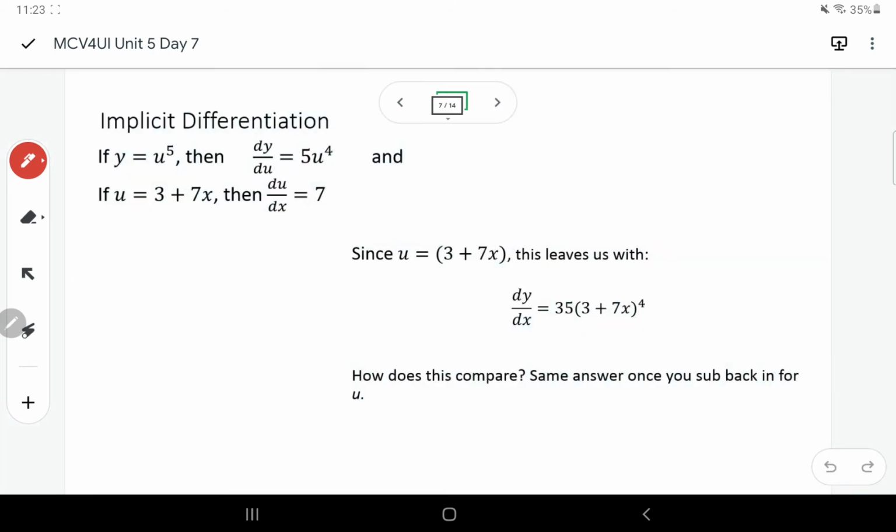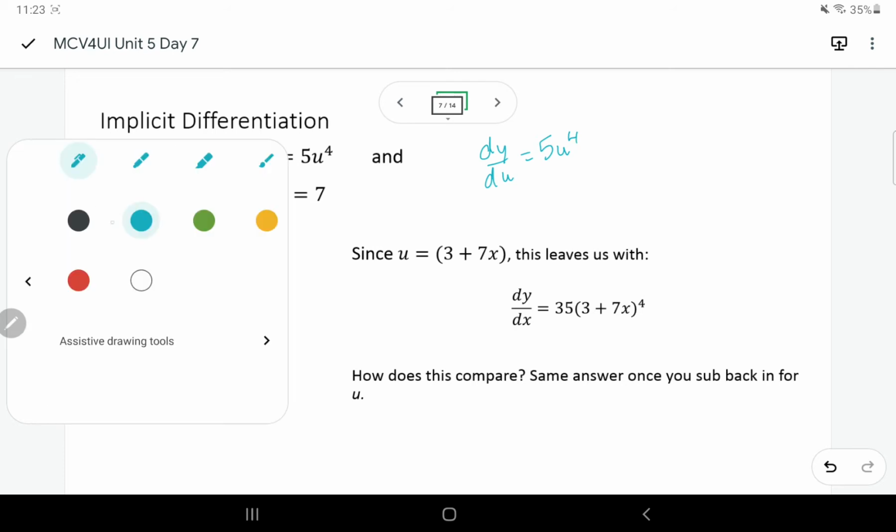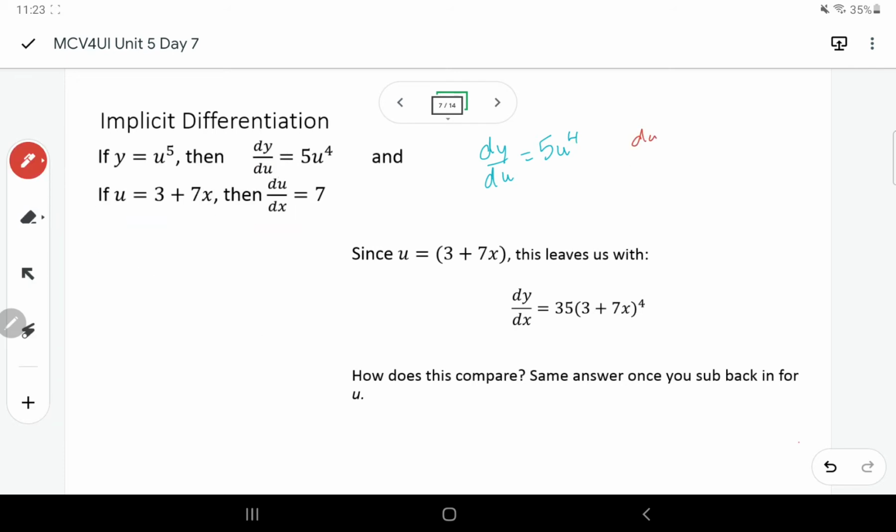And if we did a substitution back in, so we knew dy du was 5u to the exponent 4, and du dx was 7, then dy dx would be 5u to the exponent 4 times 7.